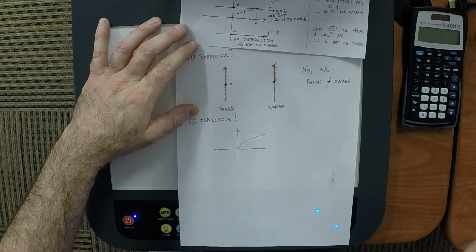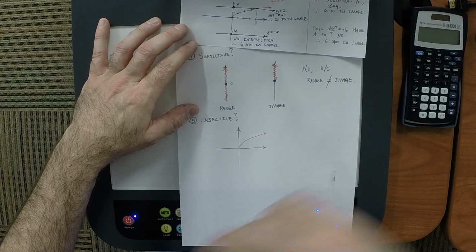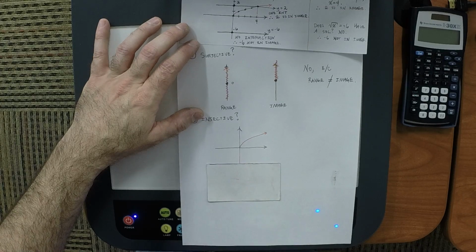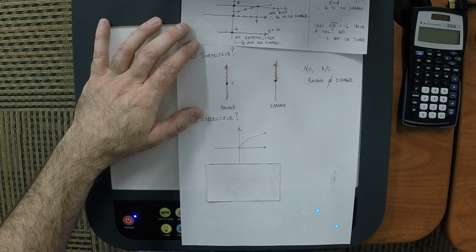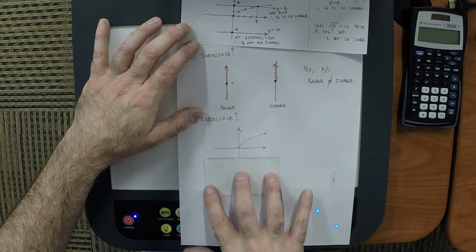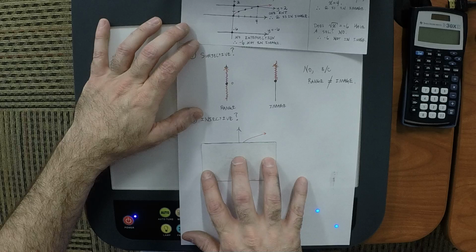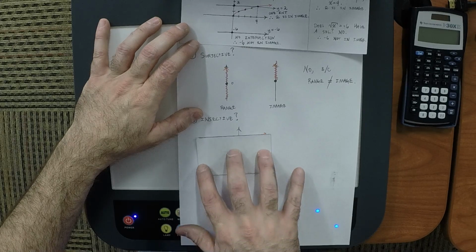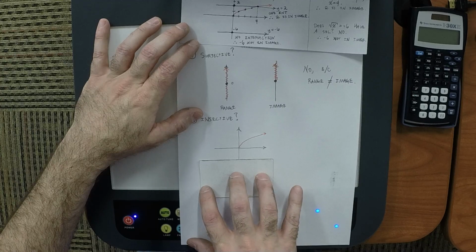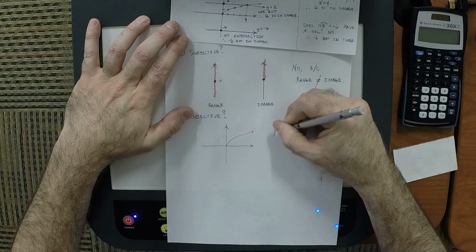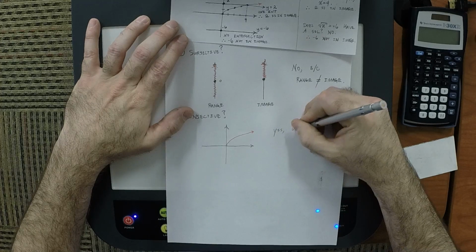You consider every horizontal line, and ask, is it the case that every horizontal line intersects 0 or 1 times? So 0 intersections, 1 intersection, and those are the only 2 varieties. Every horizontal line intersects at most once. So the answer to this question is yes, because of the horizontal line test.